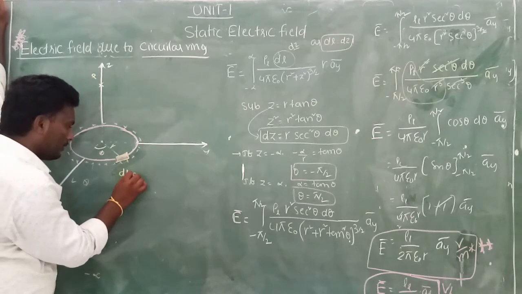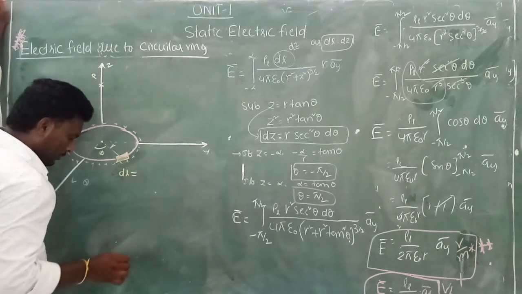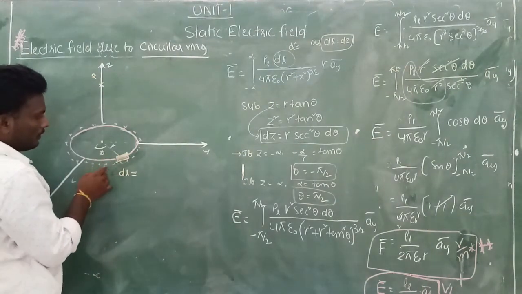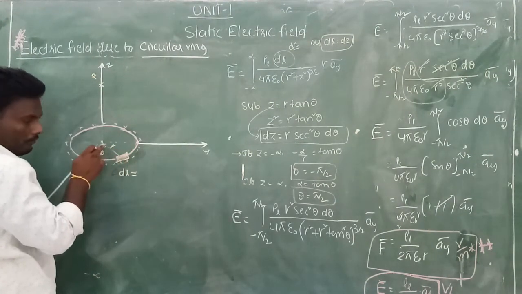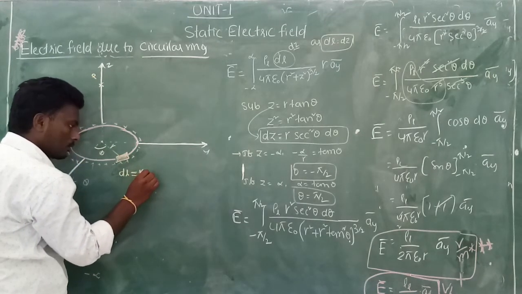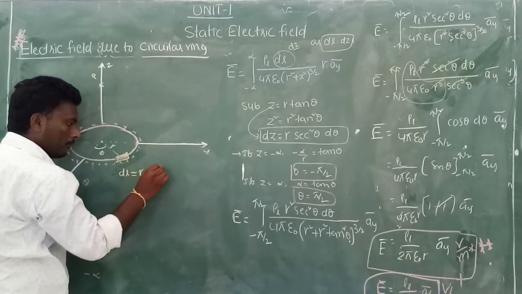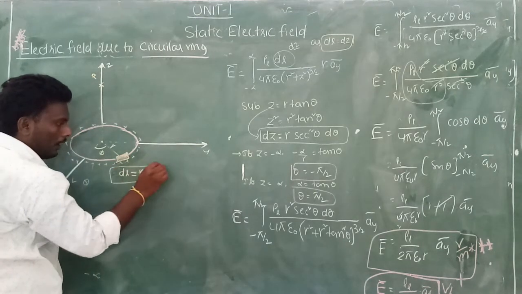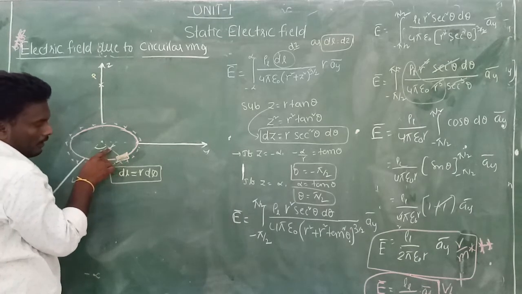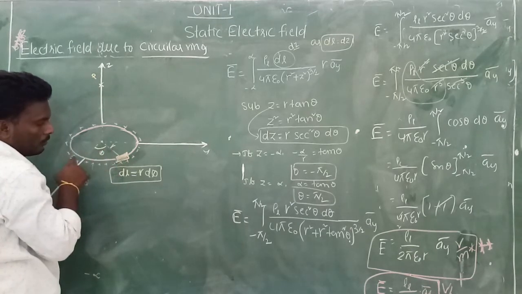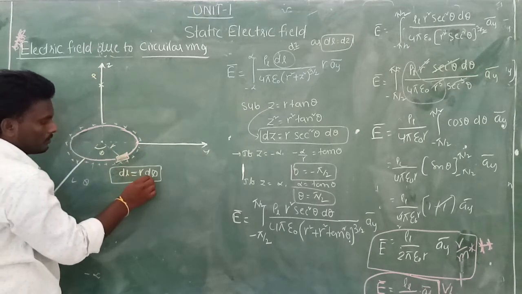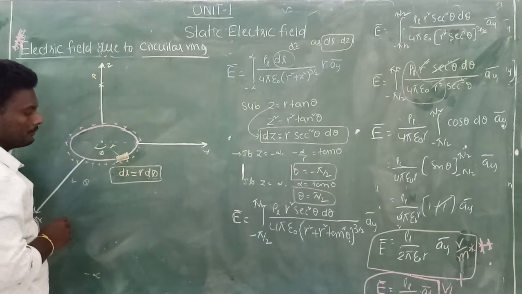So this differential length will be equal to, as it is moving in the direction of phi with respect to r magnitude, r into d phi. How did I write this expression? This differential length has a magnitude of r and is moving in the direction of phi. It is changing the angle, so I represent it with d phi.